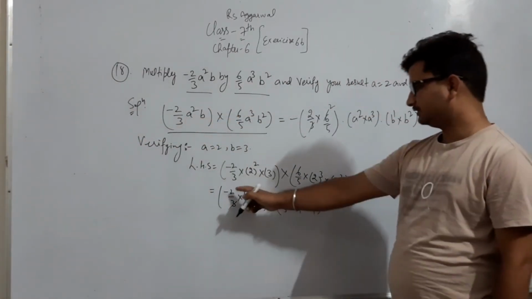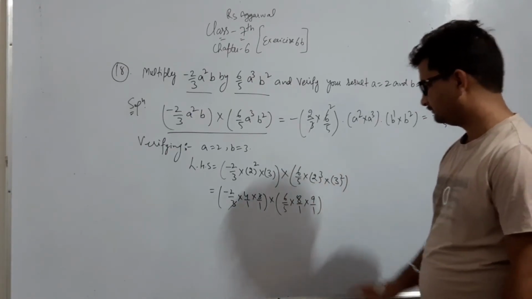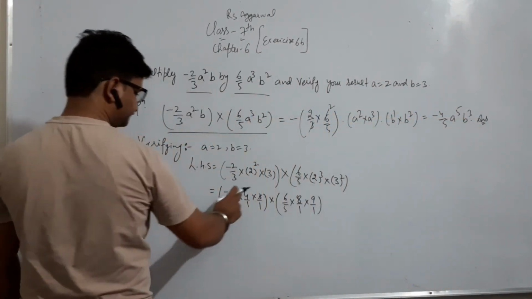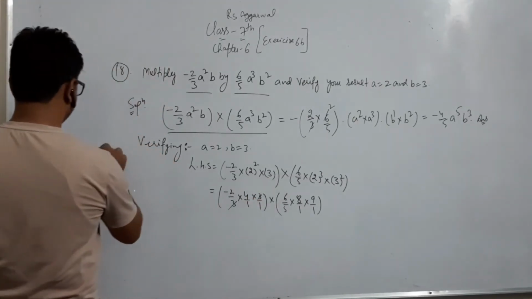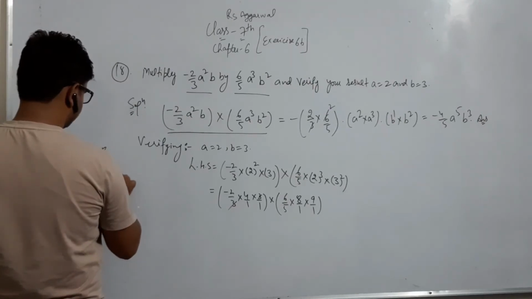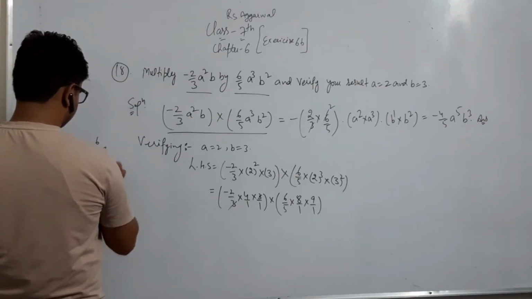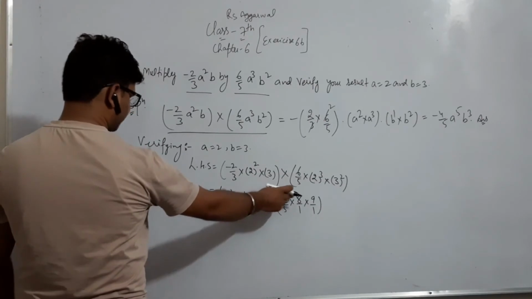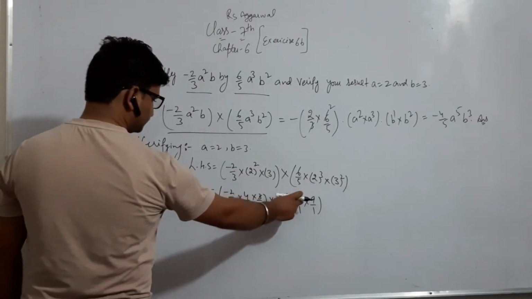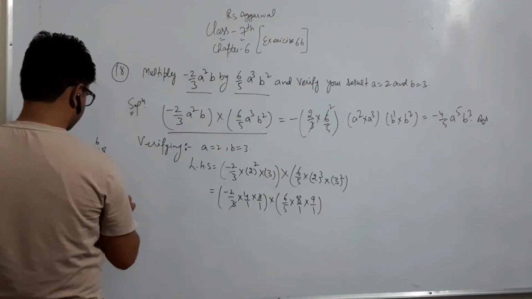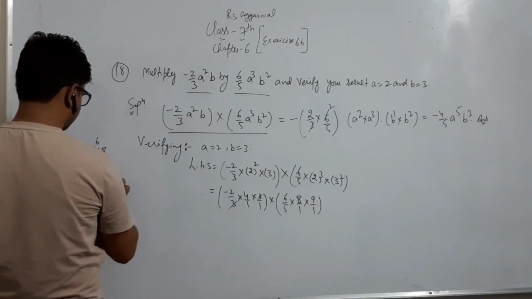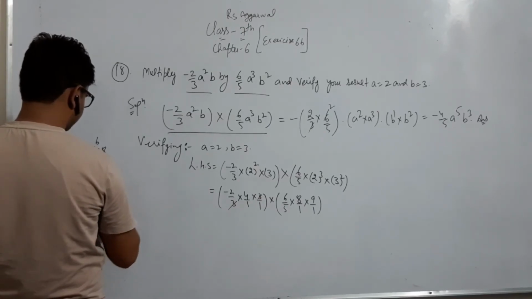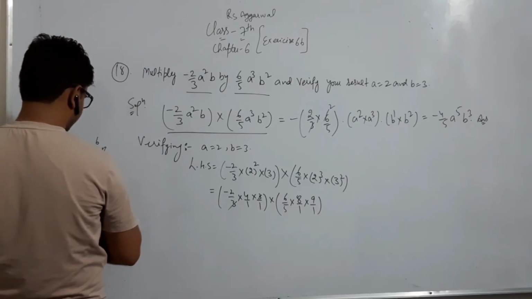The answer will be 4 8s are 32... 48 into 8, we do 48 into 8 first. 8 6s are 48, 48 into 8 is 384, 384 into 9, 6 3 carry, 72 plus 3 is 75, 9 3s are 27, 27 plus 7 is 34.